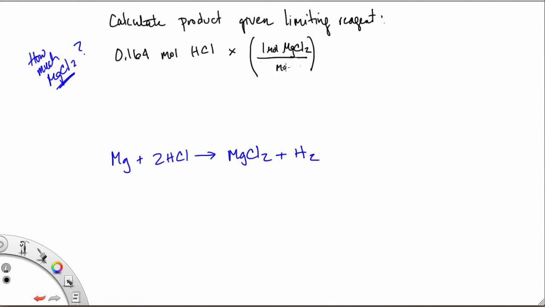We should have moles of HCl here. So I have 1 mole of magnesium for every 2 moles of HCl. And then I want to find out how many grams of magnesium chloride that makes. My molar mass of magnesium chloride is 95.3 grams in 1 mole. So when I do my math, I have 0.164 divided by 2 times 95.3, and this should be 7.81 grams of magnesium chloride is produced.